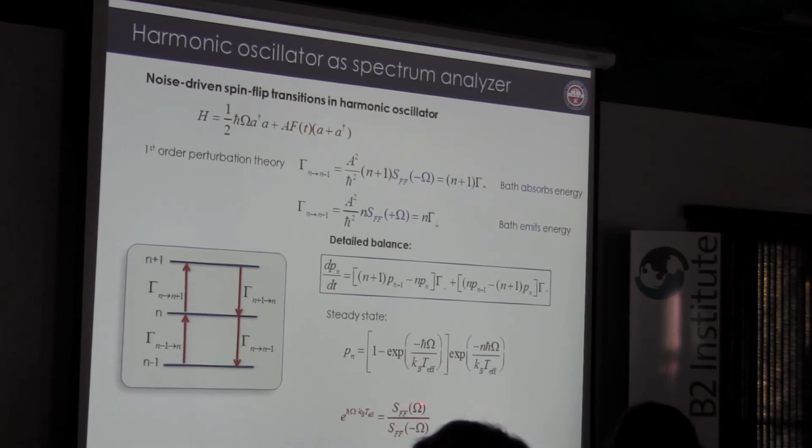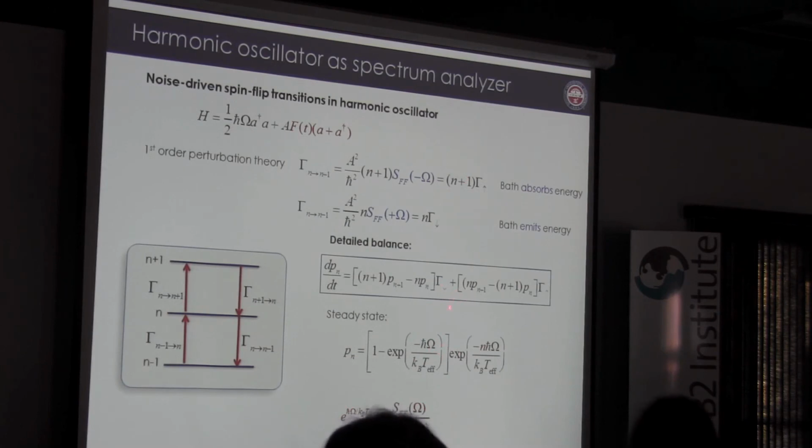And when I look at these rates, what I can compute then is the temperature. Once I plug this equilibrium condition back into here, the temperature is given by this ratio of noise spectral density, and that's purely a quantum result, because classically the noise spectral density would be constant.